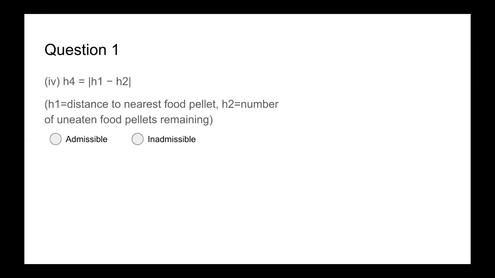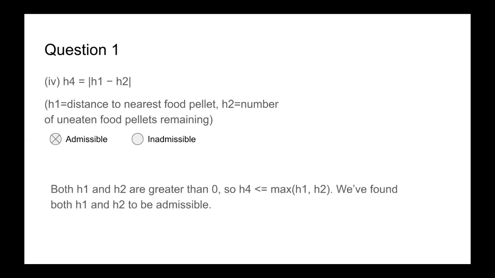So H4 is the absolute value of the difference between the 2 heuristics H1 and H2 from the previous problems. So we can see that H4 is in fact admissible because both H1 and H2 have to be greater than or equal to 0, because at the goal state, both heuristics will be equal to 0.